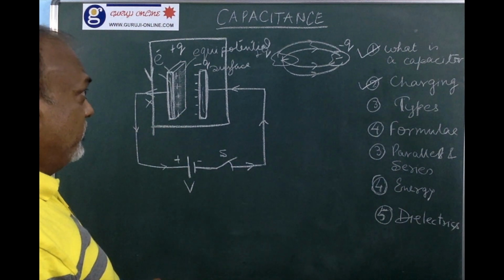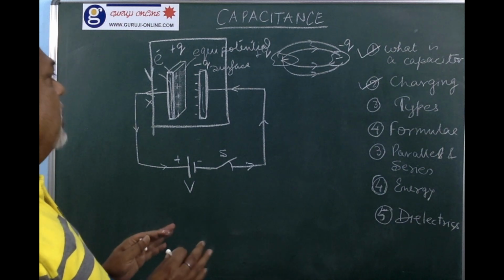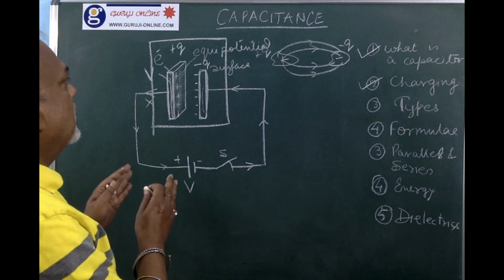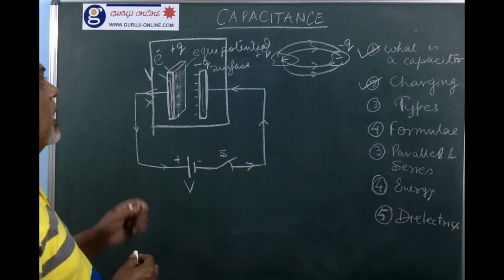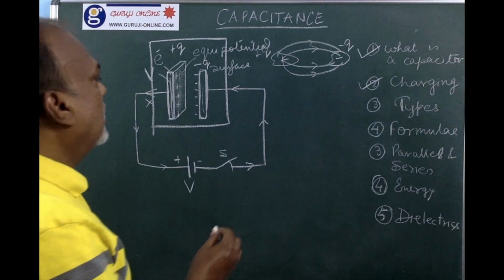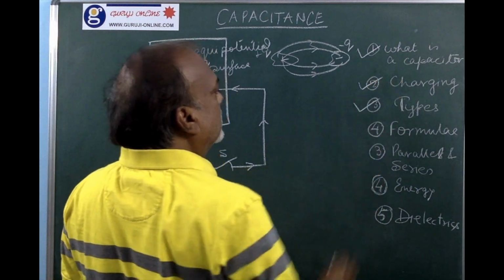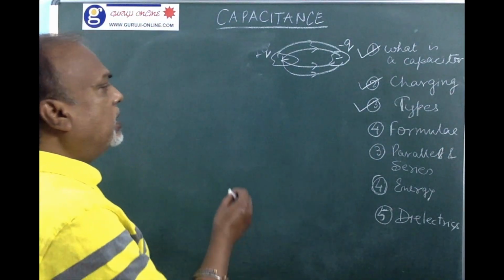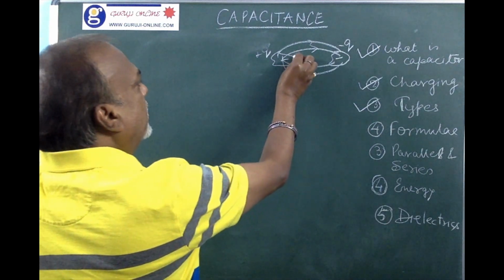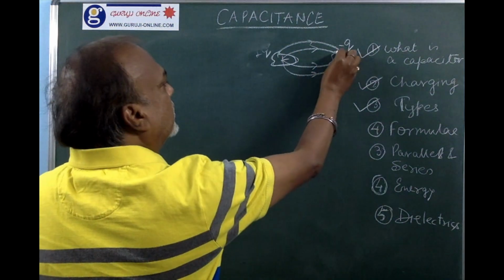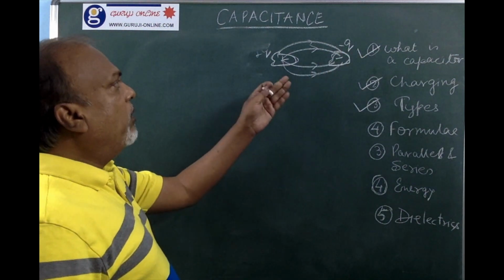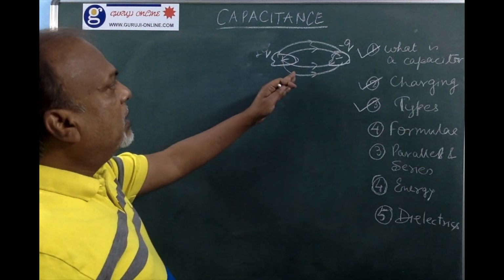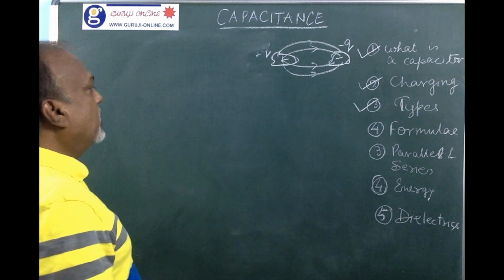It is very easy to understand, but we have to understand what goes on when the capacitor charges. Now let us go to the third topic, types of capacitors. Actually I told you it can have any geometry. Two charges of equal value, plus and minus, if they are spaced apart, behave like a capacitor.